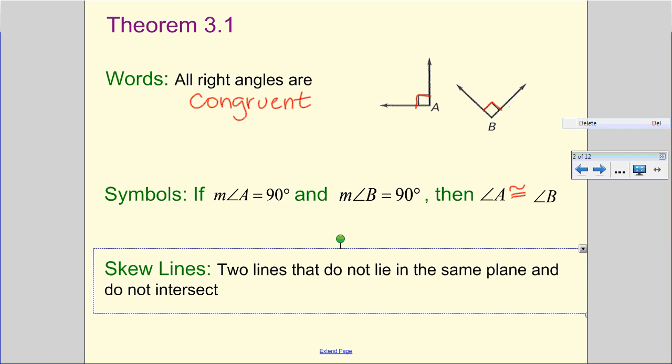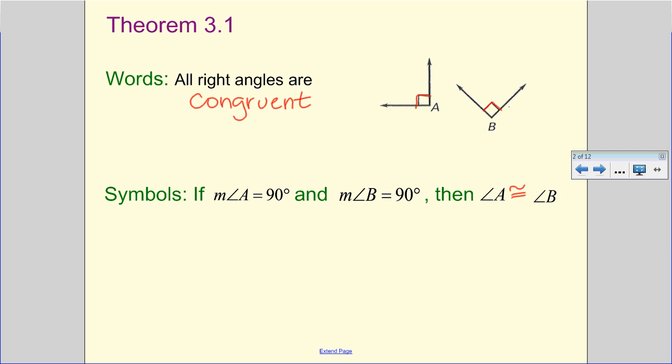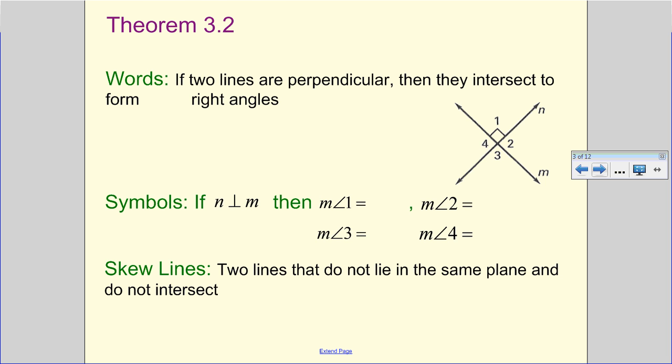Let's take a look at theorem 3.2. If two lines are perpendicular, then they intersect to form four right angles. Some of you have already figured that out in chapter 2.